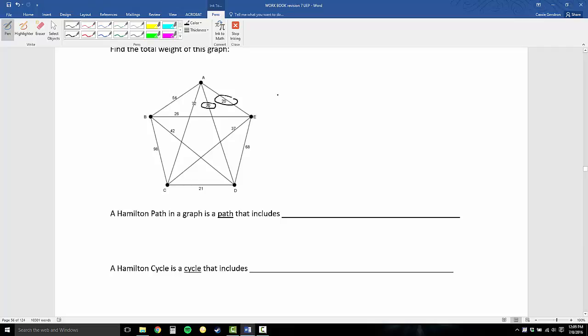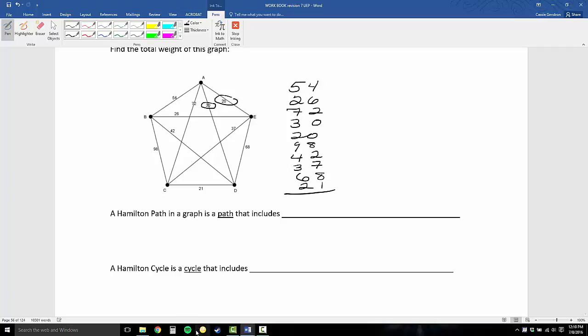But first, we need to find the total weight of this graph, and that's where we add up the numbers. So that's just 54 plus 26 plus 72 plus 30 plus 20 plus 98 plus 42 plus 37 plus 68 plus 21.